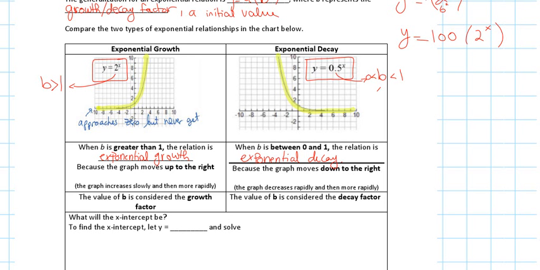So remember that I said B is either called the growth or the decay factor, right? In the case of an exponential growth, we call it growth factor. Okay? In the case of exponential decay, we call it decay factor.